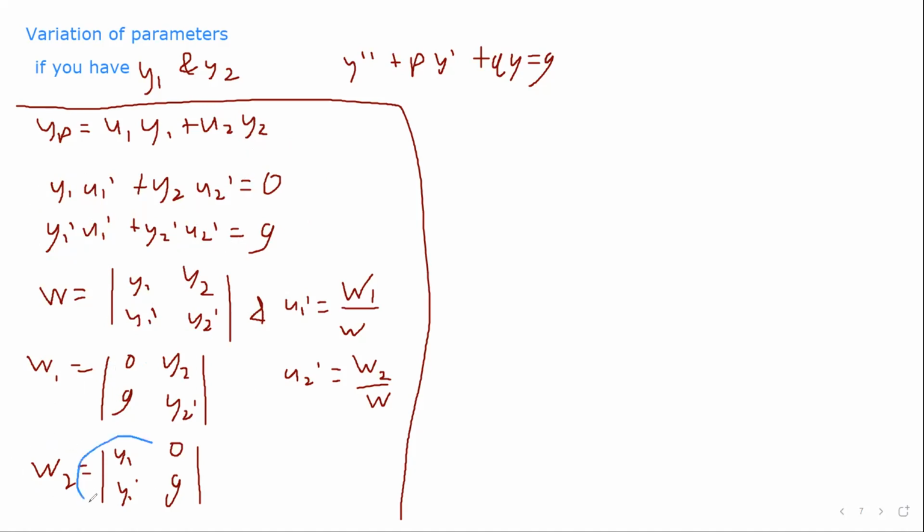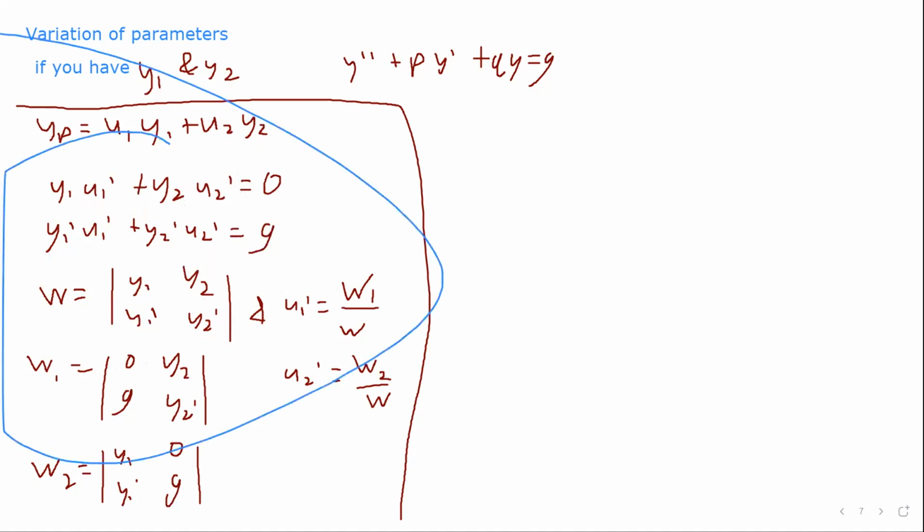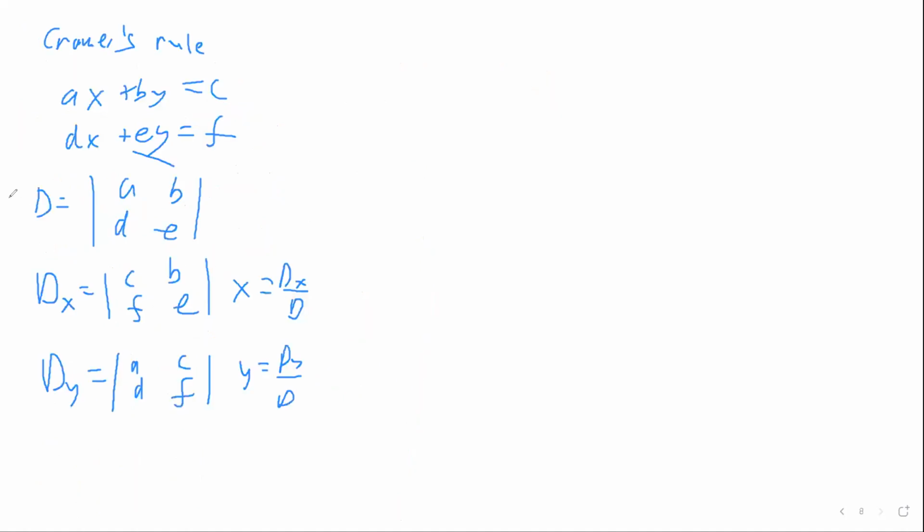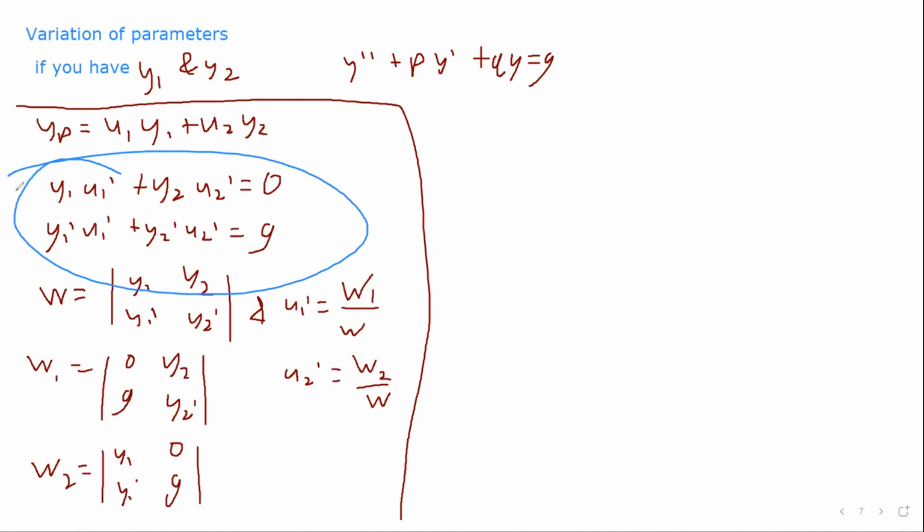W2 is the coefficient matrix where the coefficients of u2 prime are replaced with 0 and g. So you can either write all this stuff down, or you can somehow make sense of Cramer's rule and then apply it to this system of equations. And those are your two ways of being ready for variation of parameters.